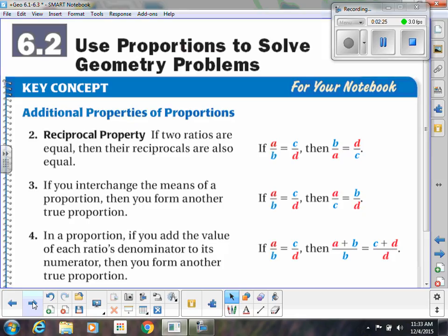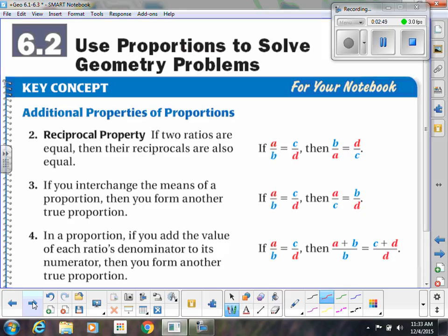All right, so in section 6.2, we have some properties of proportions that we can use. So we'll be doing some of these to help simplify some proportions. We just talked about the reciprocal property, so you don't need to write that first one again. The next one, though: if you interchange the means of a proportion, then you form another true proportion.